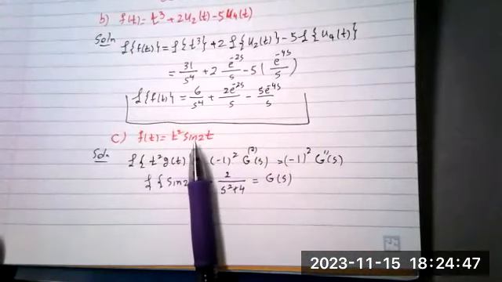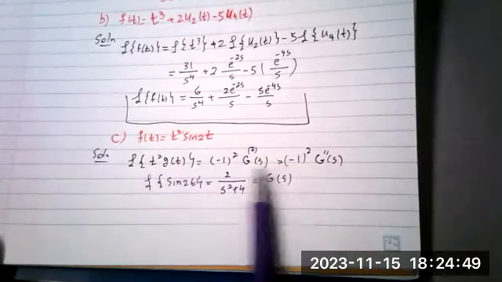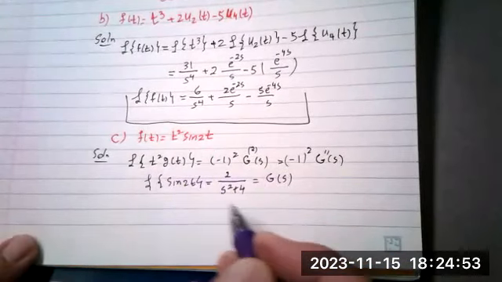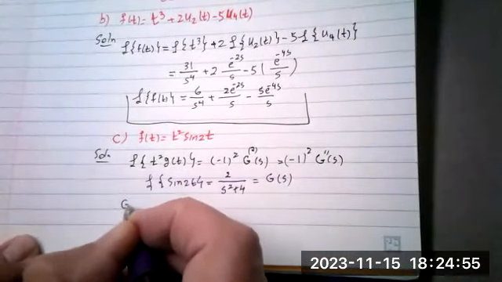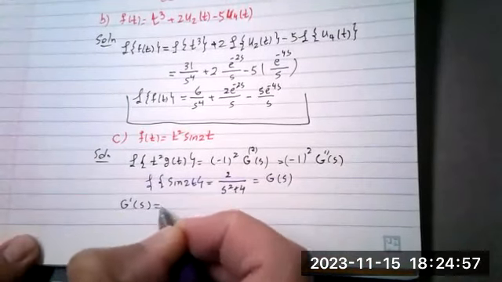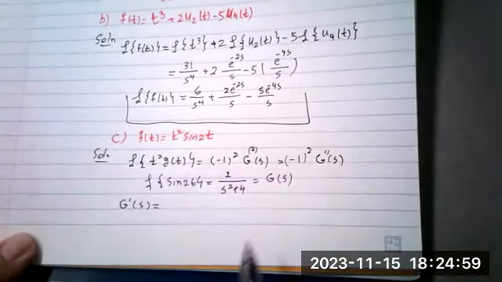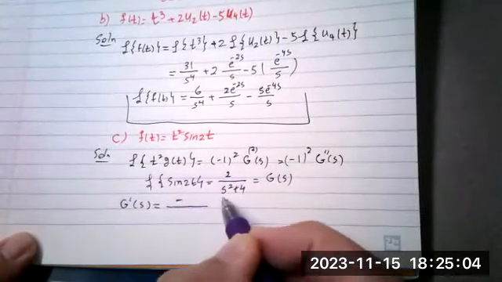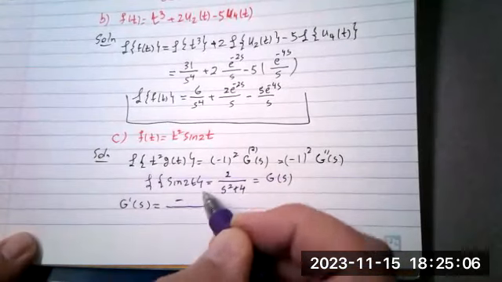Okay, the Laplace transform of the function, now the second derivative, just to go back, substitute with that. So differentiate using the quotient rule. So G prime of s is going to be equal to the derivative of the top, which is 0, times the bottom, minus the top times the derivative of the bottom, so it is going to be negative. The derivative of the bottom is 2s, times 2 would be 4s.